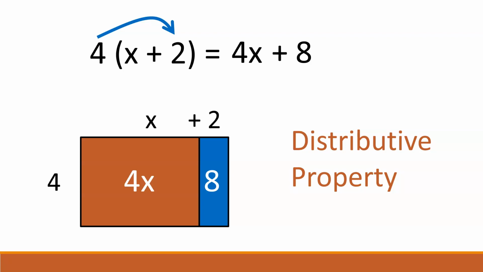Now what if we start with the 4x plus 8 and we're asked to factor it? What does that really mean? Well, it means that we want to find two expressions that we multiply together to give us 4x plus 8.